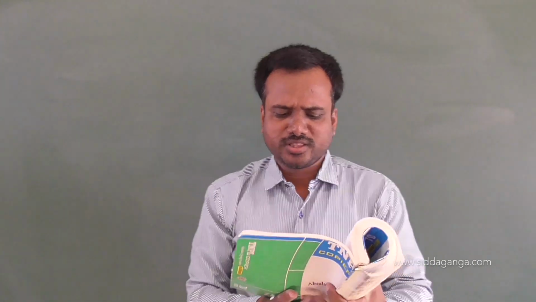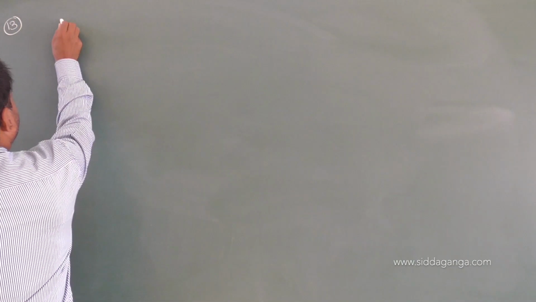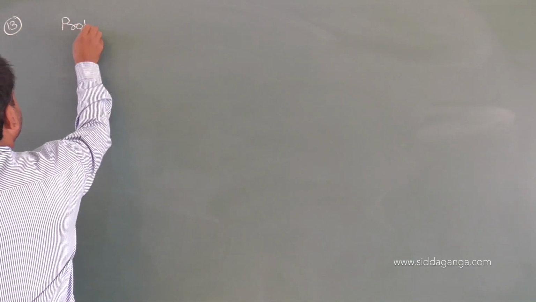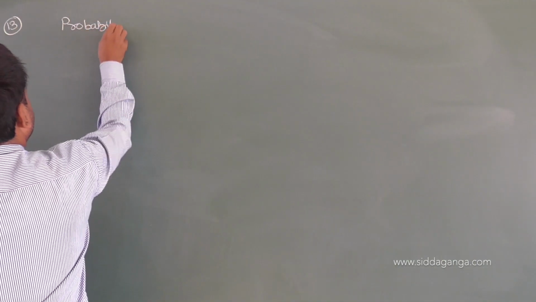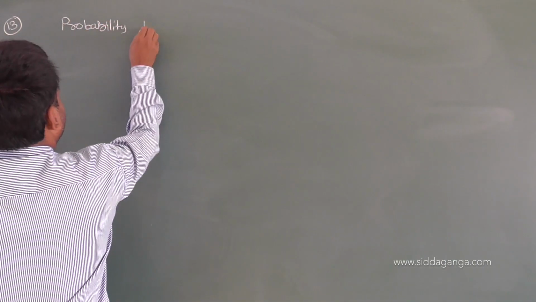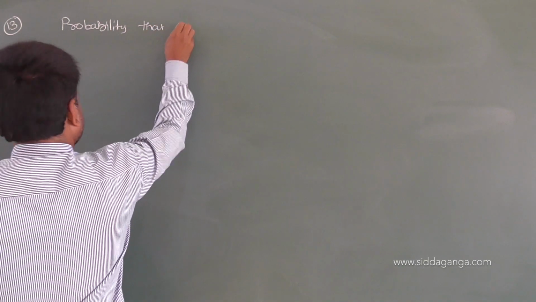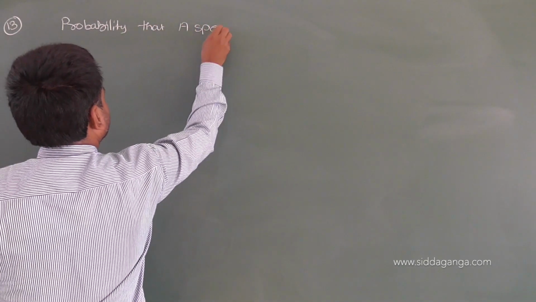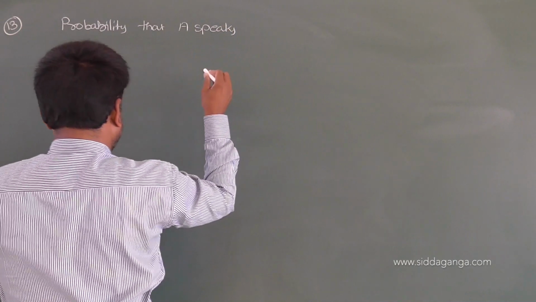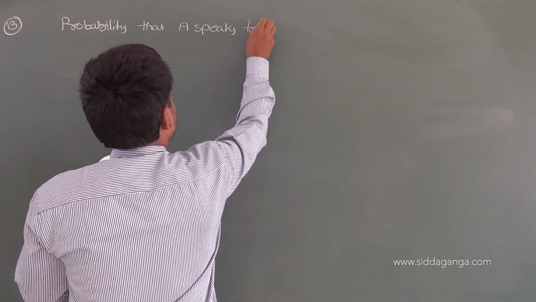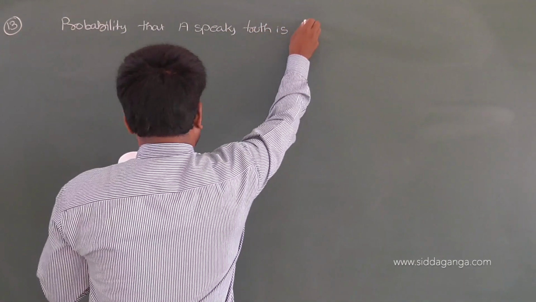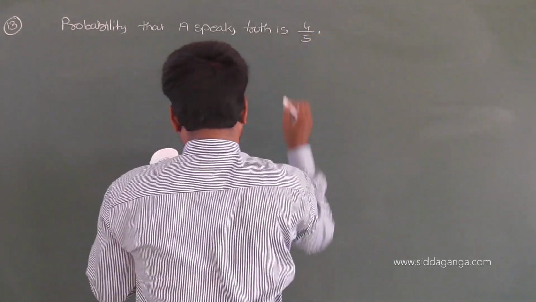Next one, 13th question. The probability that A speaks truth is 4 by 5.